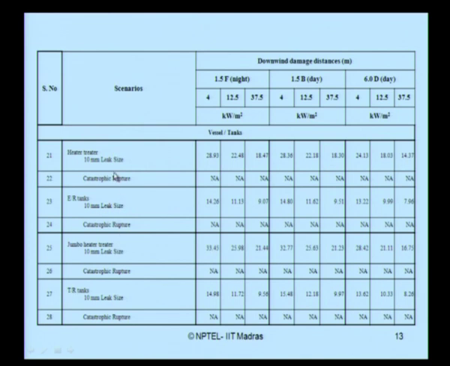In that I am looking at both the possibilities of 10 mm leak and a catastrophic rupture, and again I look for downwind damage distances for different stability classes as I did for the pipeline segment. I look at the values obtained from the software, and I see there is no red band available. You can also compare these values with the pipeline leak scenario. They were basically values from 14 to 33 or 35, whereas in the earlier case the values have gone as high as 300, which has become a red band.